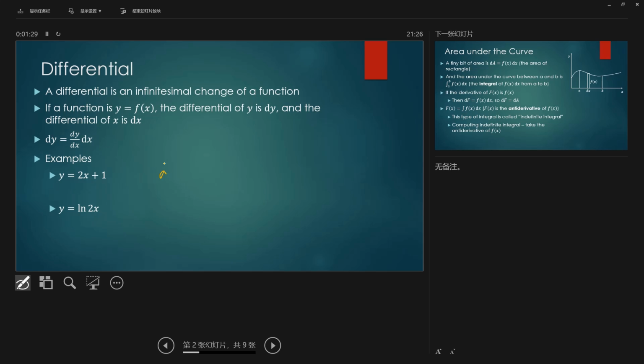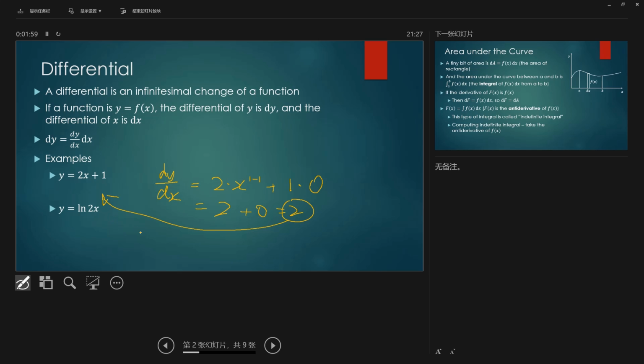First write dy over dx equals 2 times x to the 1 minus 1, plus 1 times 0. Which equals 2 plus 0, which equals 2. The first one's answer is 2.